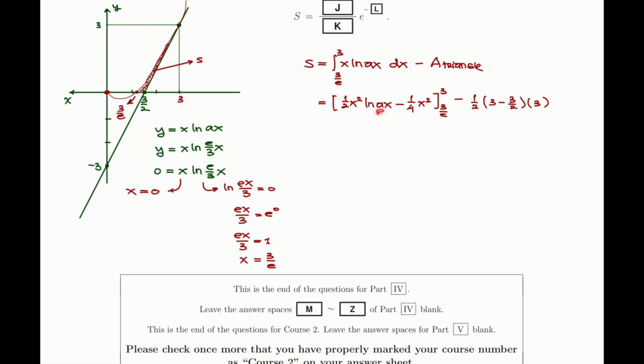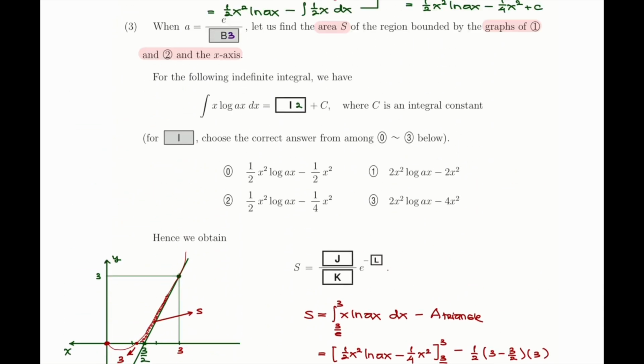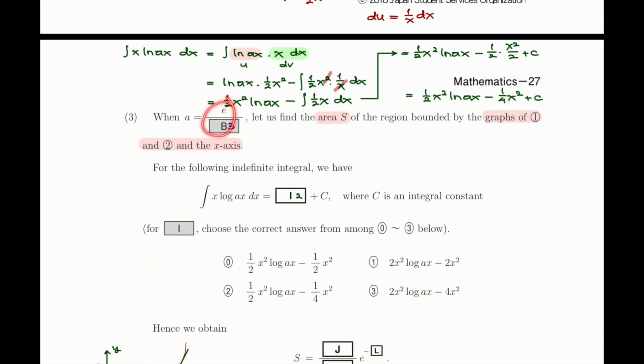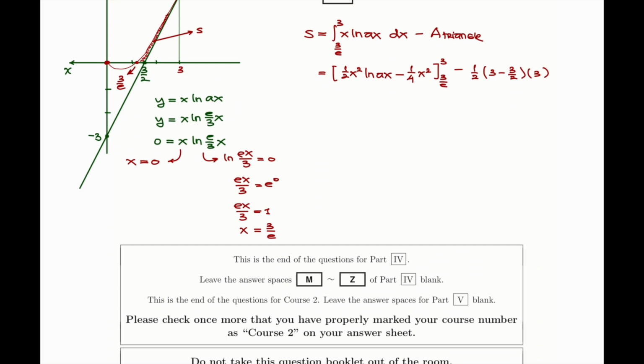I will change a into e over 3 because our a is equal to e over 3. So I will change a becomes e over 3, ex over 3. Then substitute the upper boundary minus the lower boundary.